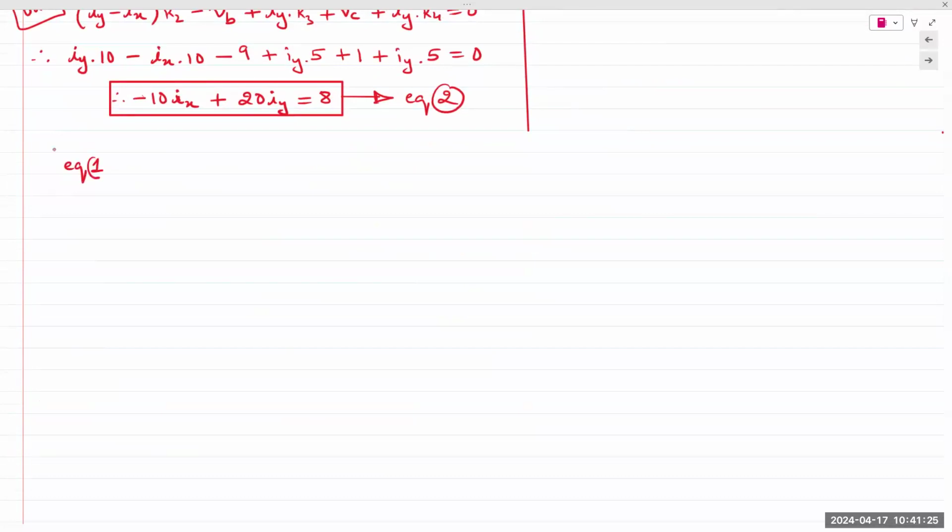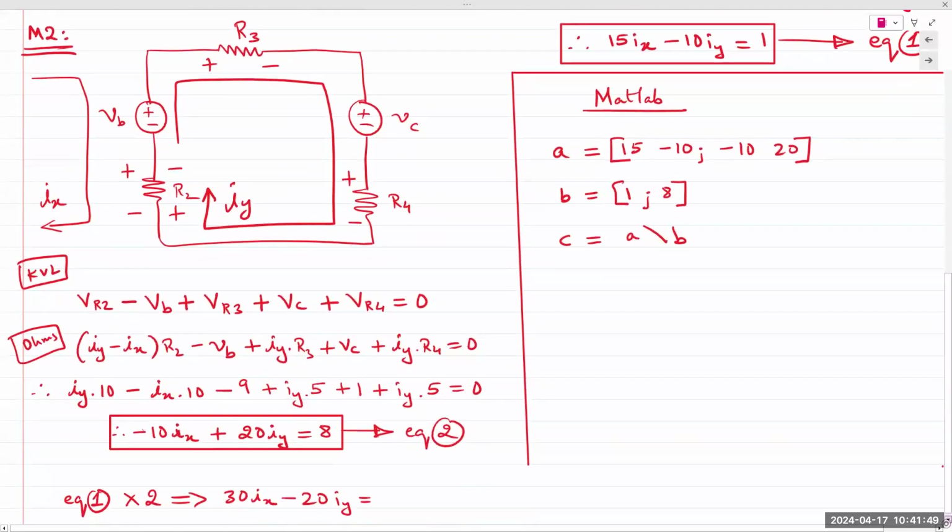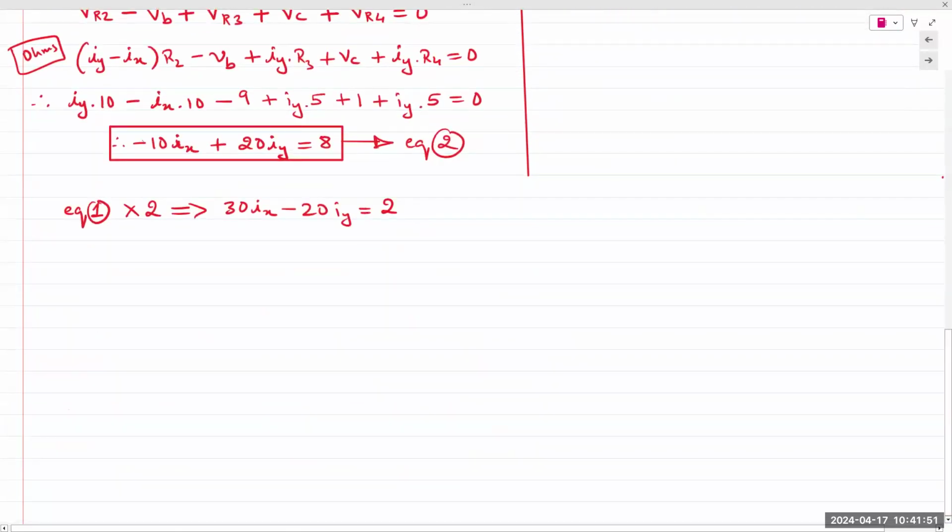That gives me 30 times Ix minus 20 Iy is equal to 2. We'll call that equation 3.